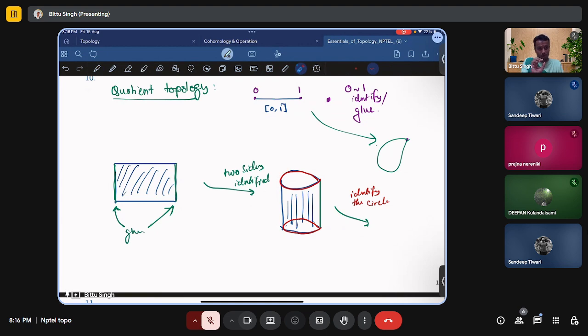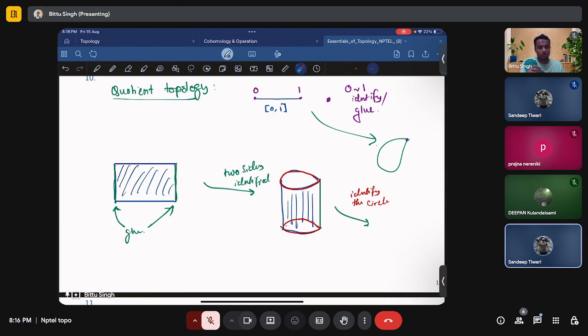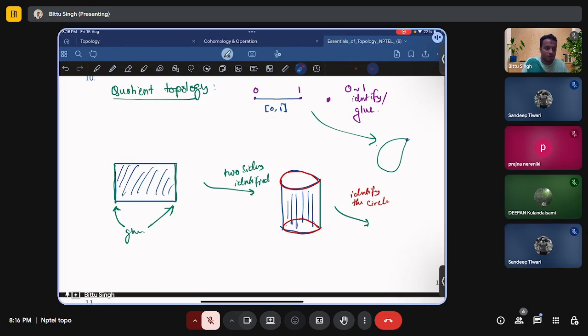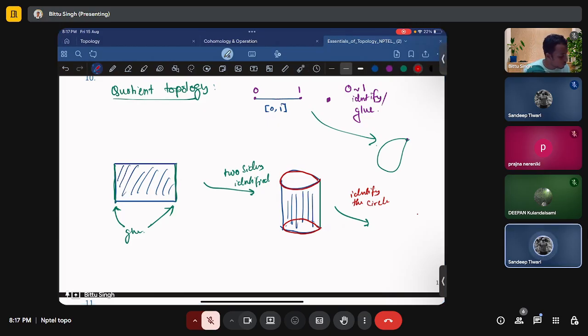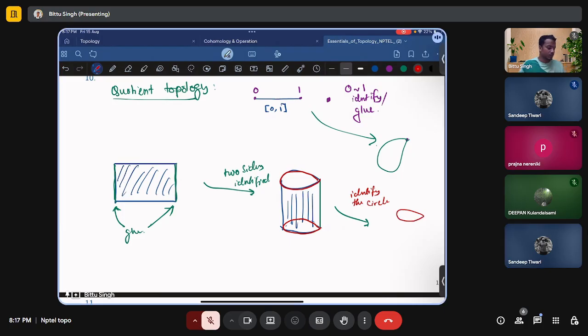So you can just twist it, yes, stretch. You can stretch or deform those kinds of shapes. So now can you see, if we identify, what will be the shape? Sir, crushing is also allowed? Yes, means you can only stretch.